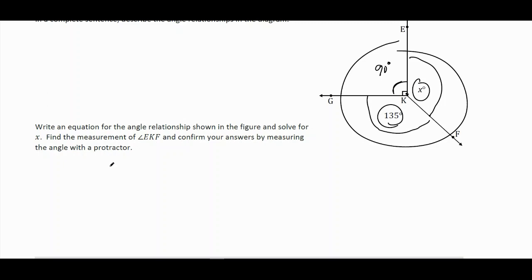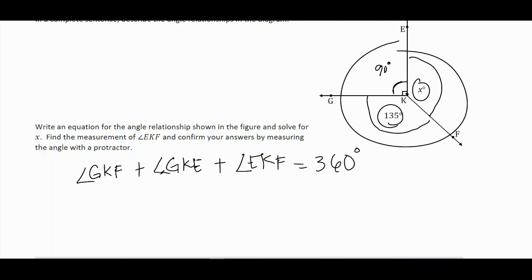So it means adding angle GKF, angle GKE, and angle EKF, it's going to be 360 degrees. GKF is 135. GKE is 90. Plus EKF is x is equal to 360.